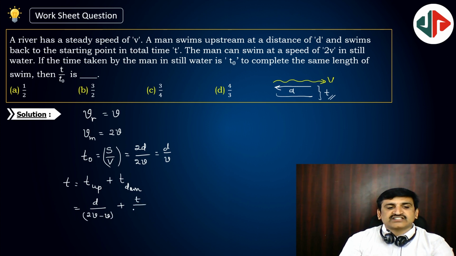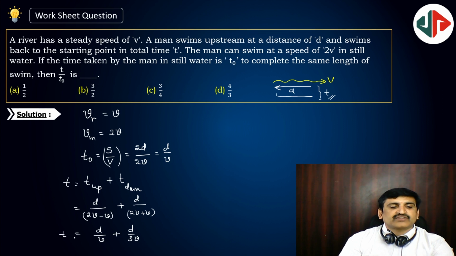In downstream, addition of velocities, you have to take 2v plus v. This is downstream. Upstream, 2v minus v. So d by v plus d by 3v.